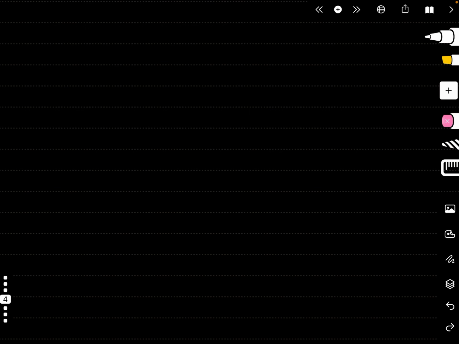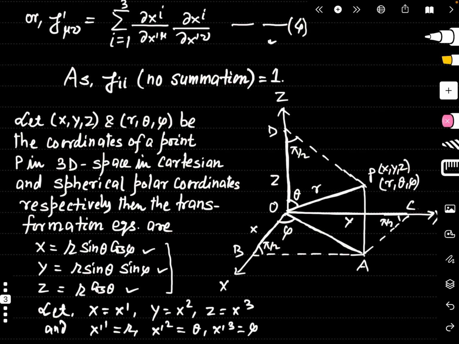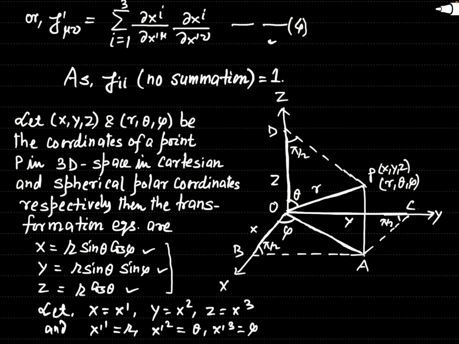Now, in this condition, see this equation which we have written here as equation number 4. Using equation 4, what will be the value of g prime mu nu? G prime mu nu means we have to find the three components of this g prime mu nu.